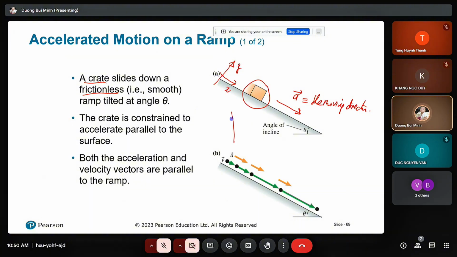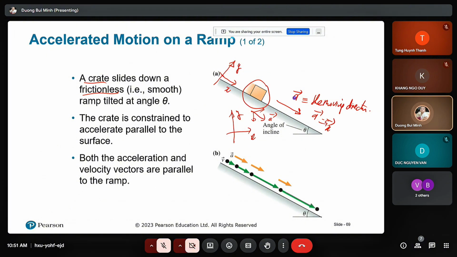If here we have vector A, we would need to analyze AX and AY. But if we choose the coordinate system like this, we only have A as AX. I can delete AY.